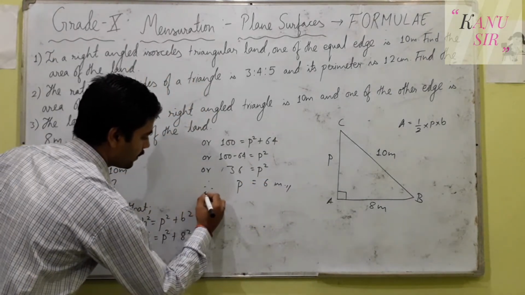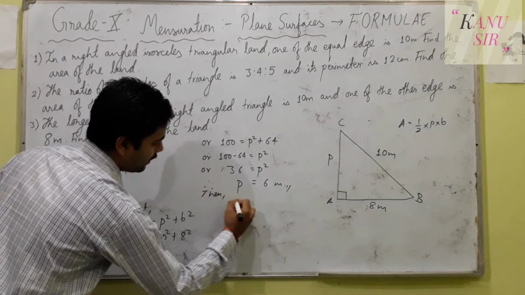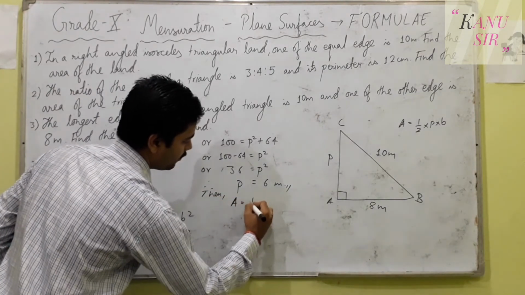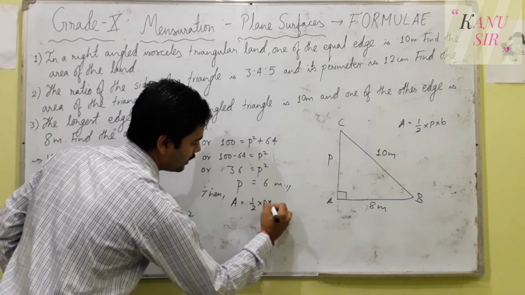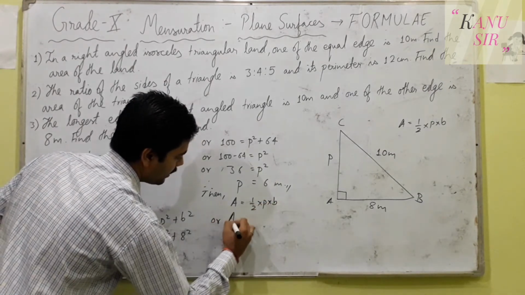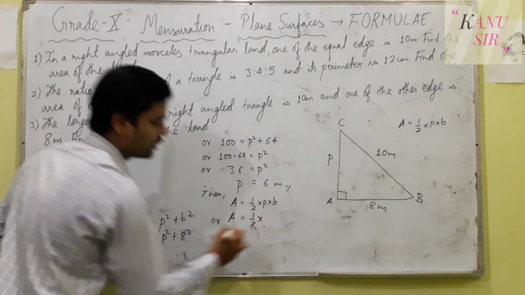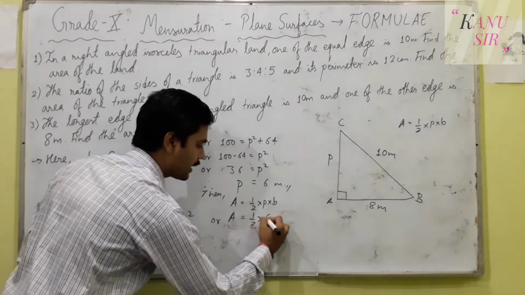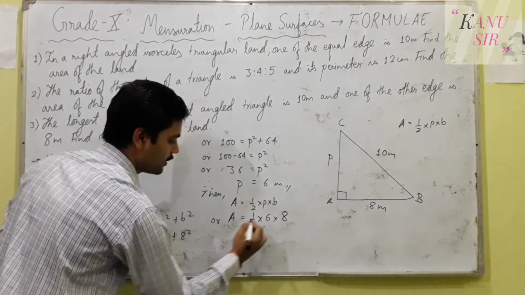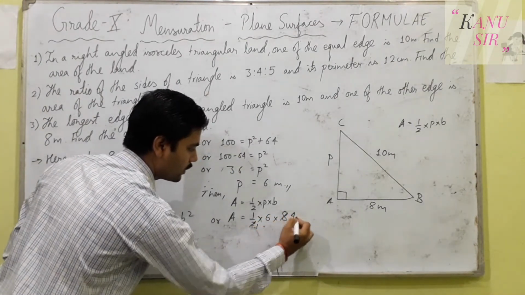Then area of a triangle will be 1 upon 2 times perpendicular into base, and area is equal to 1 upon 2, the value of P perpendicular is 6, and the base is 8. 2 times 4 is 8.